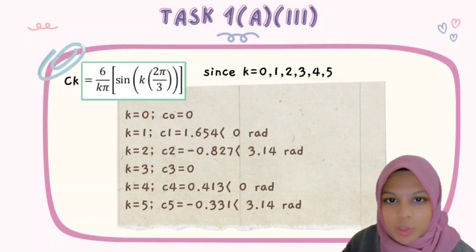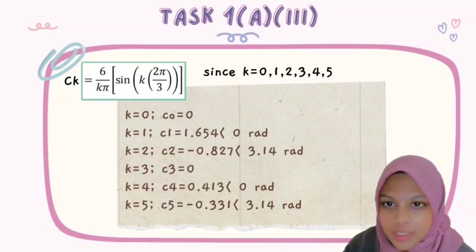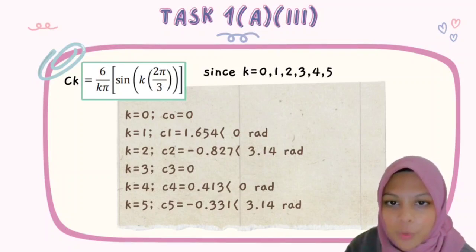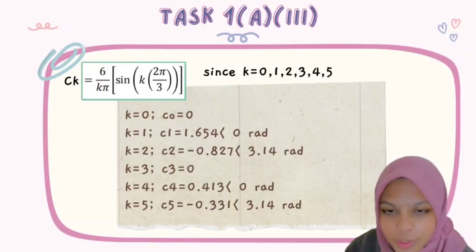For k equal to 2, we get C2 equals negative 0.827 and angle 3.14 radian. For k equal to 3, we get 0 for C. For k equal to 4, we get 0.413 and angle 0 radian. For k equal to 5, we get negative 0.331 and angle 3.14 radian.